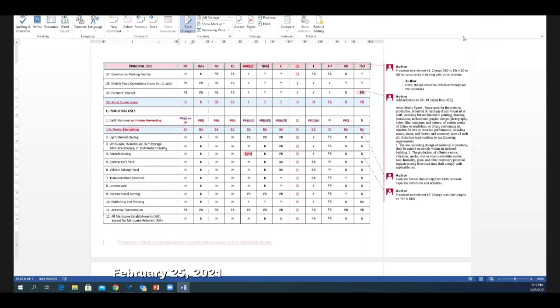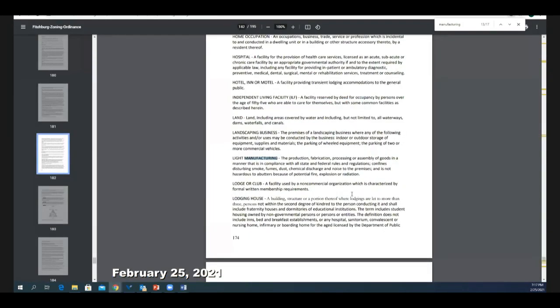It's hard to say because I'm not the zoning determination officer as to whether that would be manufacturing or light manufacturing. But we can certainly look at the definition to view the distinctions between the two. It's not a super heavy lift. So light manufacturing, as defined, is the production, fabrication, processing, or assembly in a manner that is in compliance with all state and federal rules, confined, et cetera, to the premises and is not hazardous to abutters because of a potential fire, explosion, or radiation.